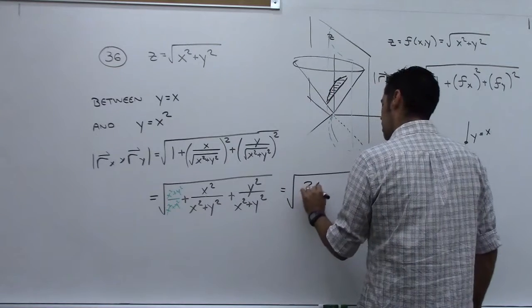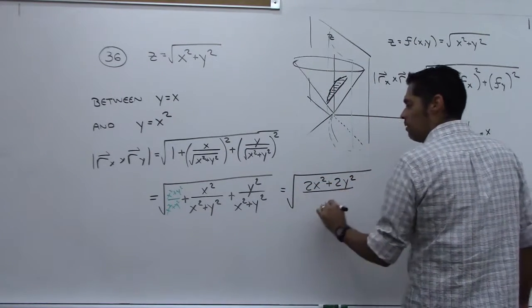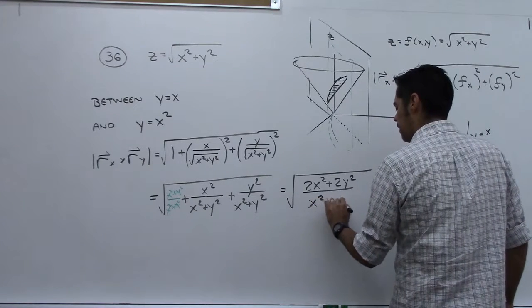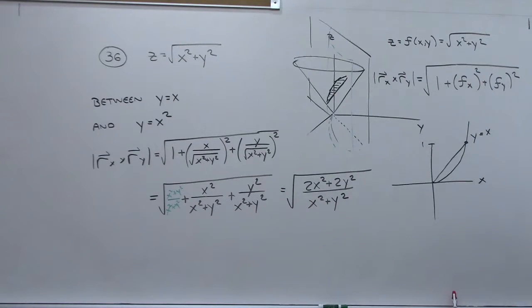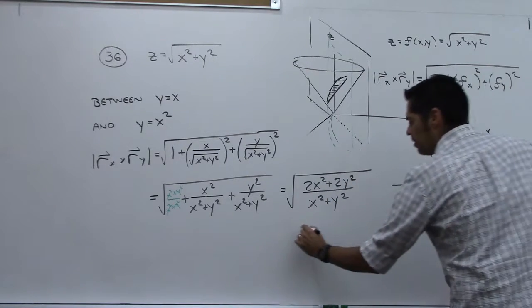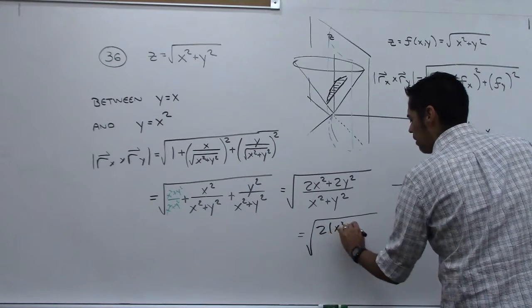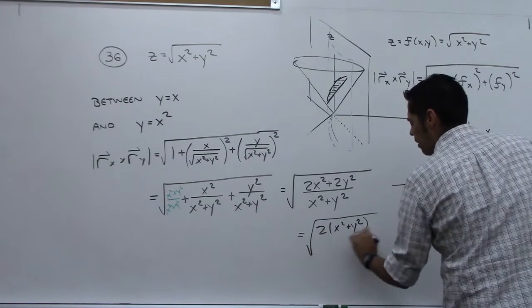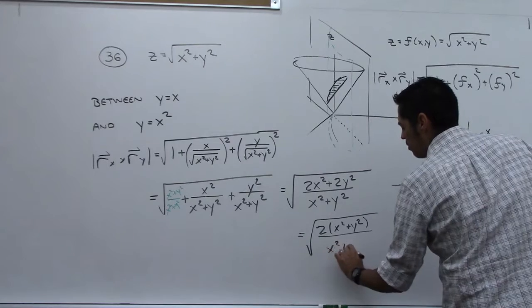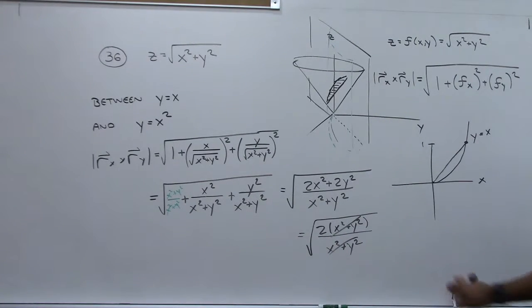It's 2x squared plus 2y squared over the common denominator. And that's really nice because I can factor a 2 out of the top. So that'll become root of 2 times x squared plus y squared over x squared plus y squared. The x squared plus y squareds cancel and you just get root 2.